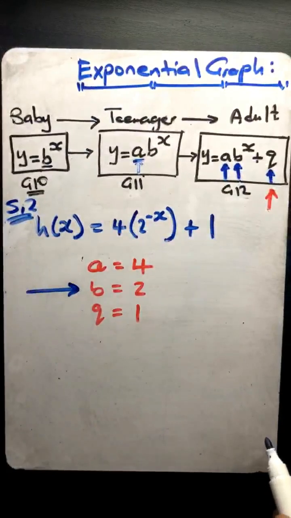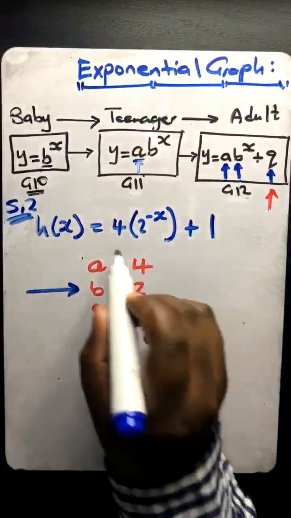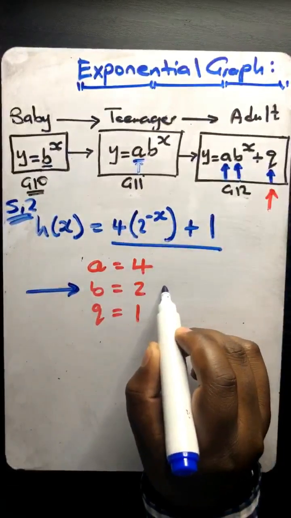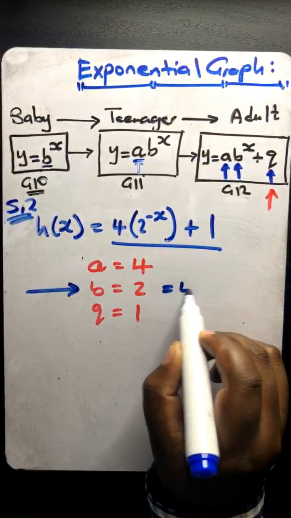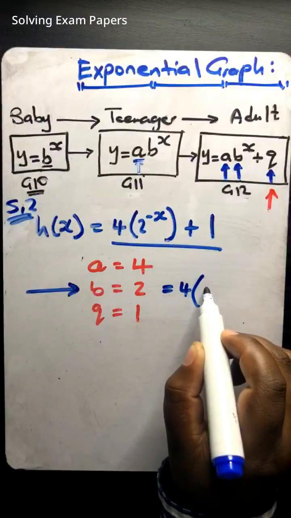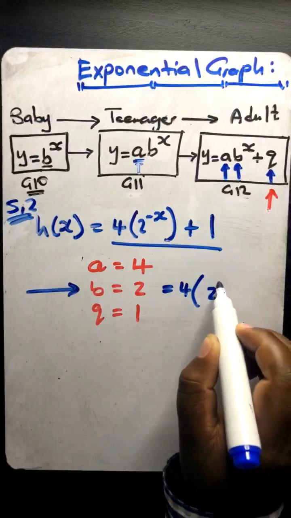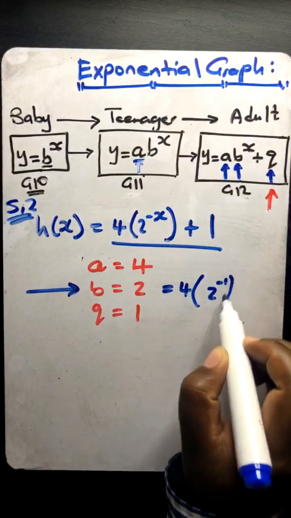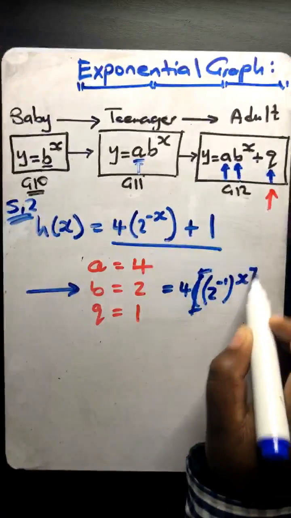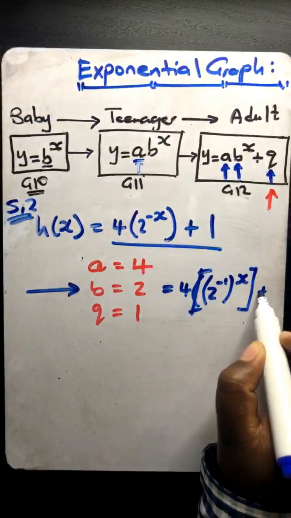So always remember to say this thing is actually the same as 4 into 2 to the exponent negative 1 to the exponent x plus q being 1.